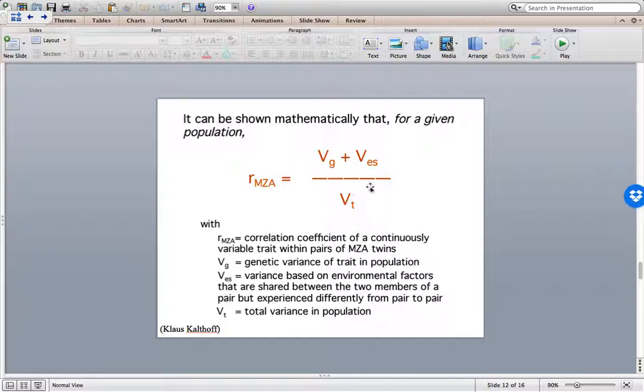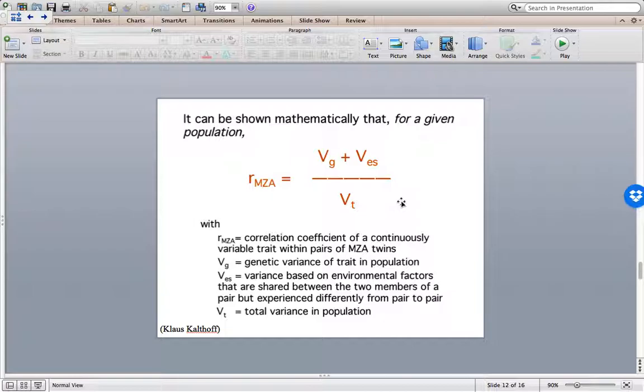There is this new term, this V sub es term, and roughly speaking, it is the total environmental variance minus the environmental variance of the twins. In other words, it measures how much of the environment is shared by the two twins so that they experience similar environmental factors.